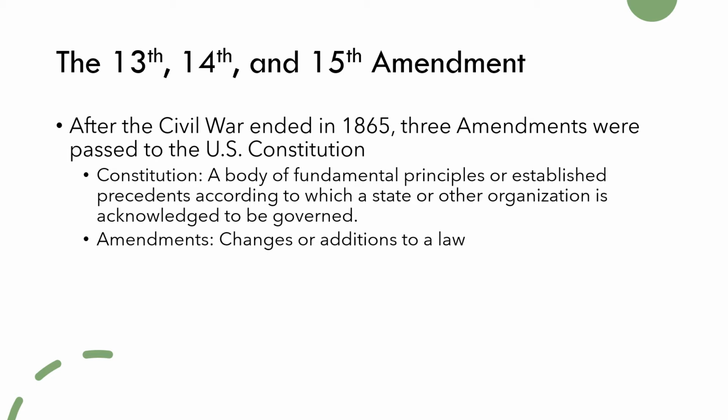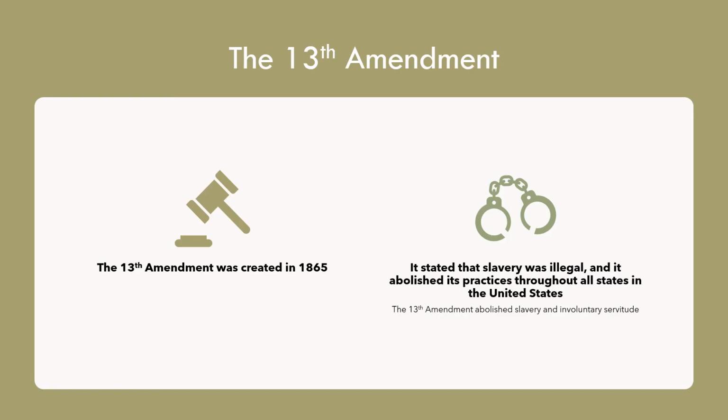And in our Constitution, we have amendments, which are just new laws and new practices that we use to make our country better and create a more perfect union, as they would say. Amendments are changes or additions to a law. To move on into these amendments, the 13th Amendment was created in 1865, right after the Civil War ended.